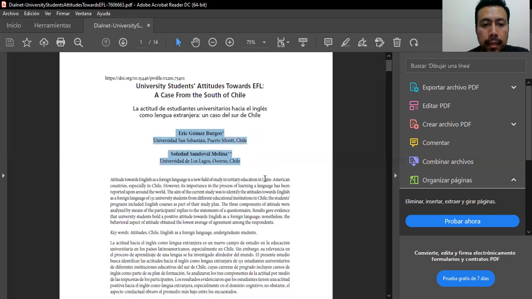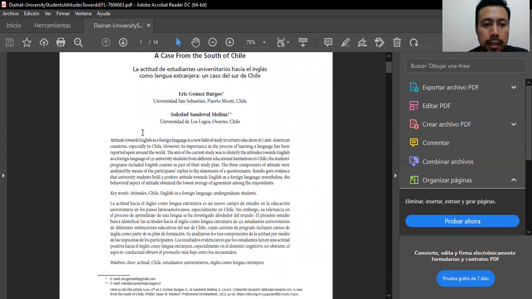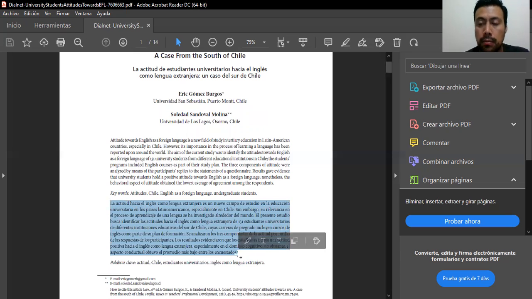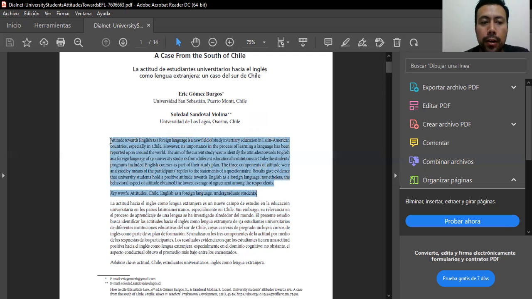So the next part, as you can see, is the abstract, which first of all could be in Spanish, because as South Americans our mother tongue is Spanish, but for journal articles it's important to be in English, so you can see it in English and Spanish.